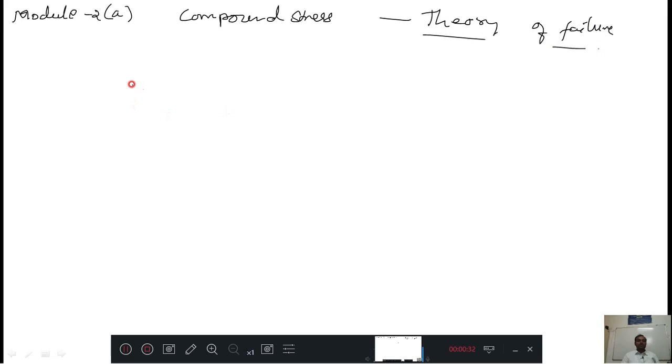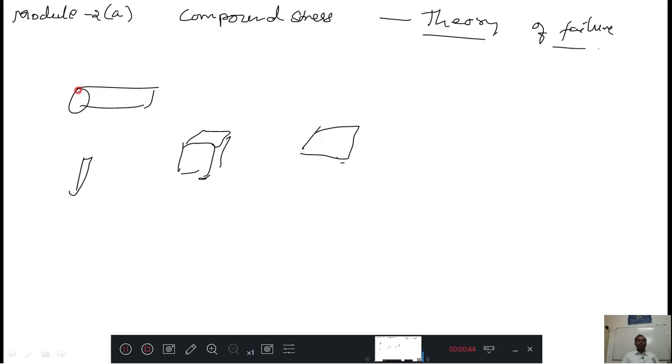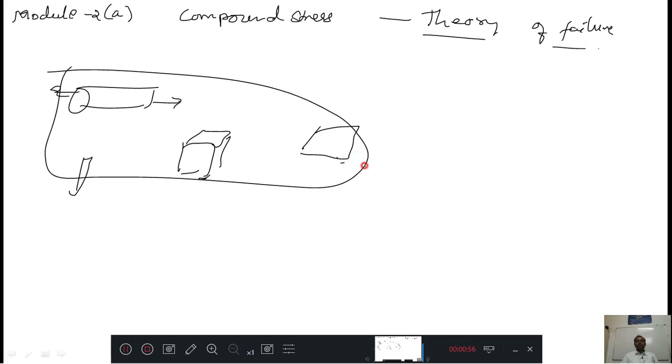See, whatever the material it might be, a cylinder, or a rod, or any three-dimensional structure, or a plate. Whenever you apply some load to that, it might be a load of tension or compression, shear, torsion, whatever the load you apply to the material, then obviously the material will fail. Yes or no? When the applied load reaches its maximum capacity, then the material will fail.